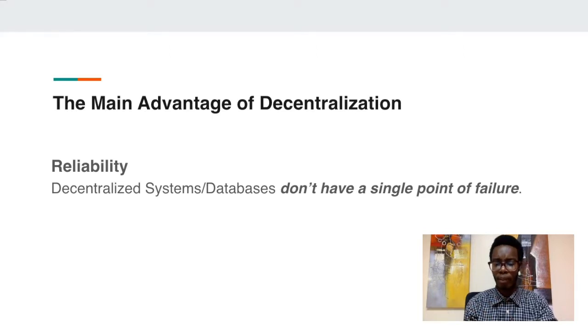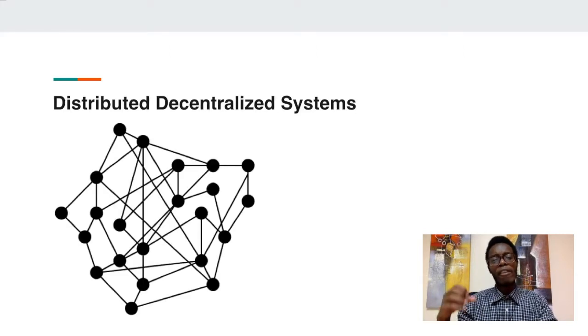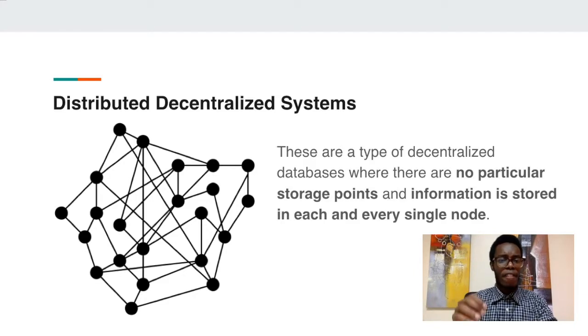And lastly, we have the third type of database that we all need to understand, and these are distributed decentralized systems or databases. These are actually a type of decentralized database where there are no particular storage points, but information is stored in each and every single node. A node here is a participant in the network, and we'll be describing the term node in the next lecture.